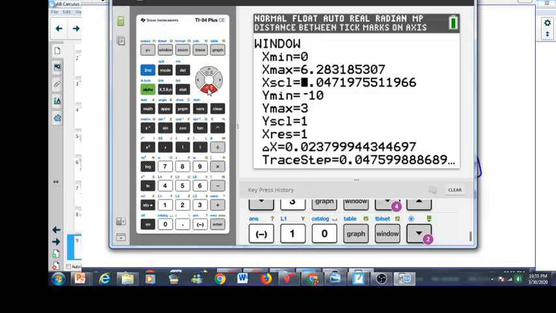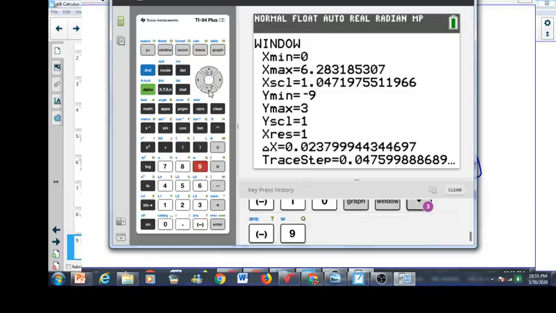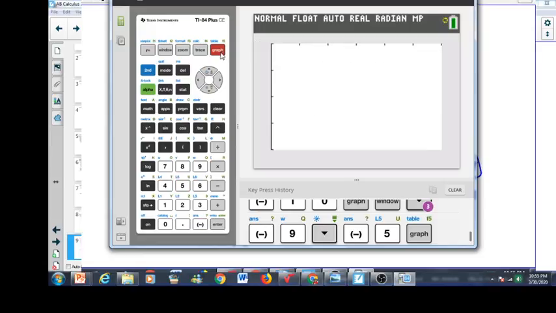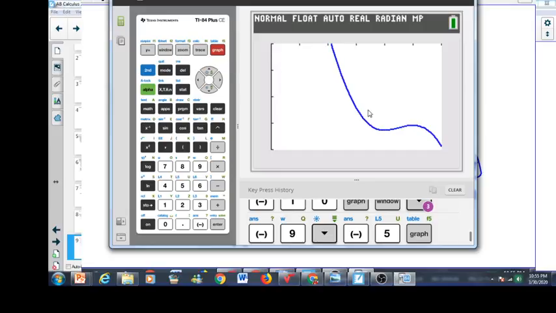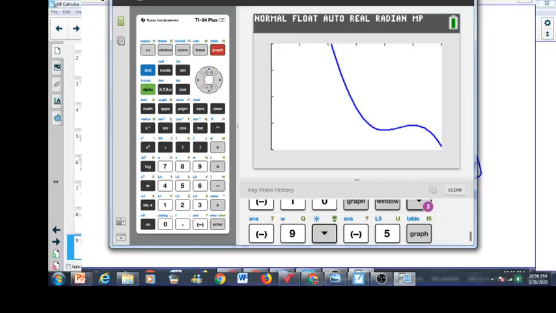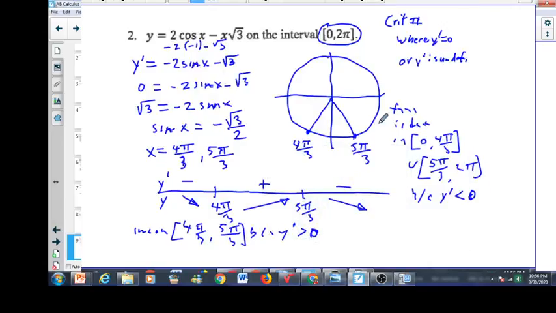I'm going to go from -9 to -6, -5. You should be able to see it better here. Yeah, a little better. So you can see that, right? There's our relative minimum, there's our relative maximum. And if we took the derivative, we'd be able to see it right there.